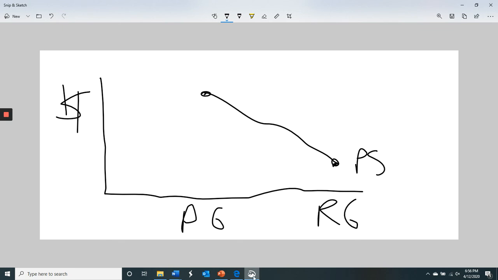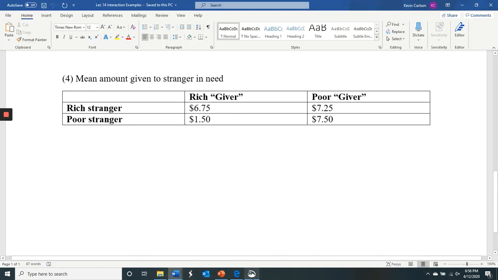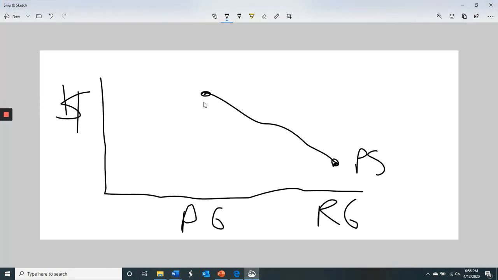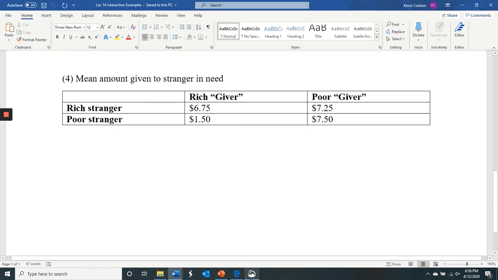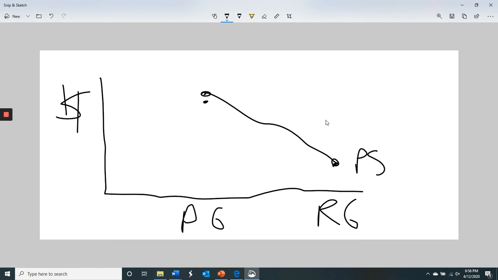And then for the rich stranger, we have 675 and 725. So a 725 here and 675, was it? Yep, 675. So something like this. My line is going a little bit in a weird way. So it looks probably roughly like this if you drew it this way.